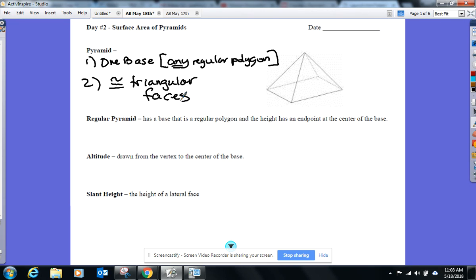Regular pyramid. That's a pyramid where the base is regular. We're always going to be dealing with a regular pyramid in here, okay?